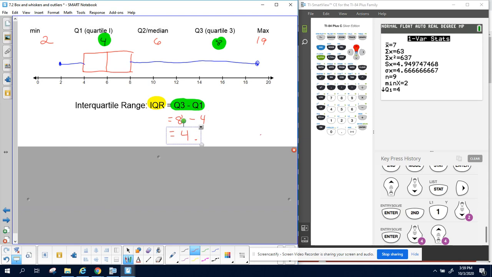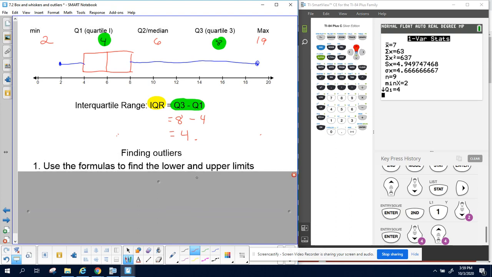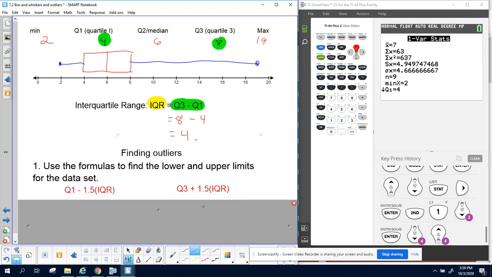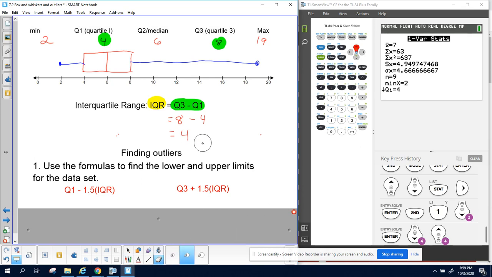That number in itself is going to be used to help us decide if maybe something might be an outlier of the data set. You will need these two formulas written in red in your notebook to refer back to. When we ask you to find if there might be any outliers in the set, we want you to use this formula right here: the Q1 number, subtract 1.5 times the IQR number.